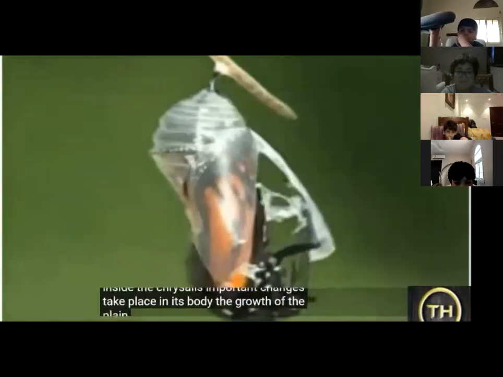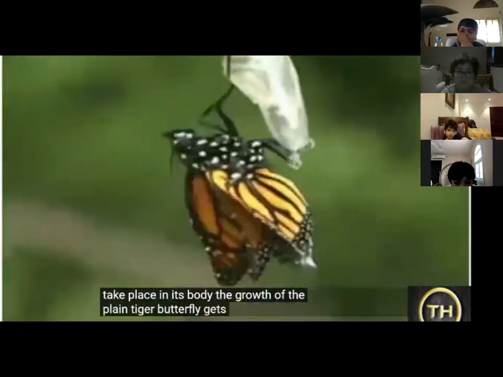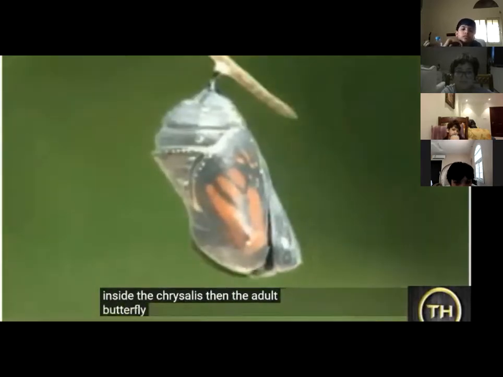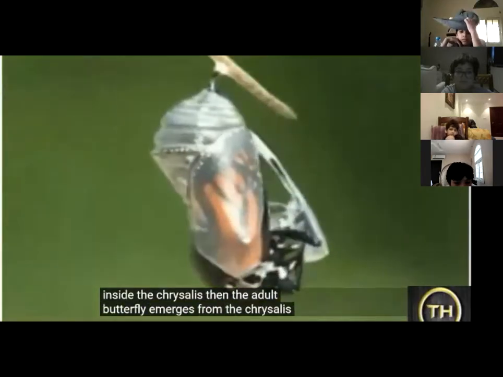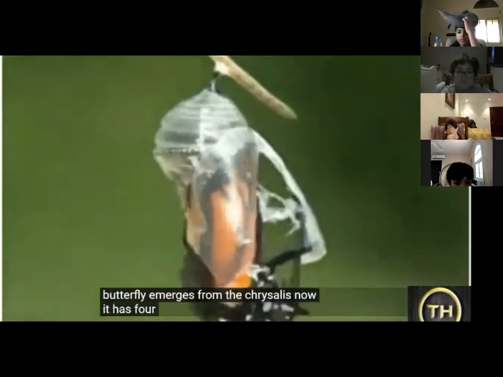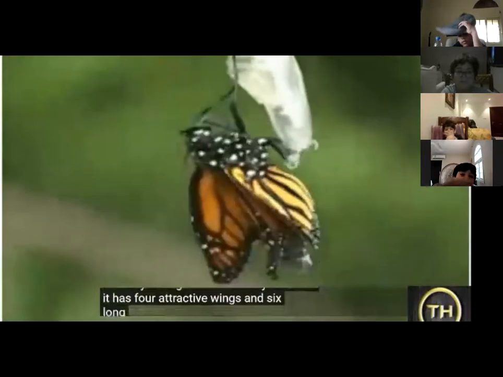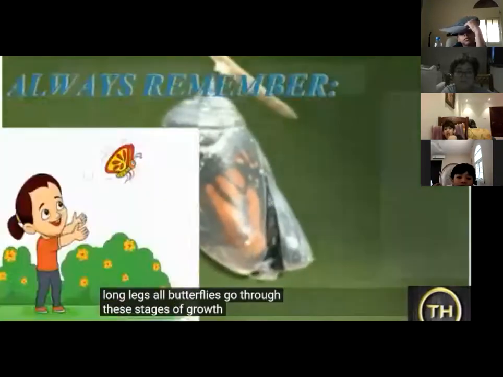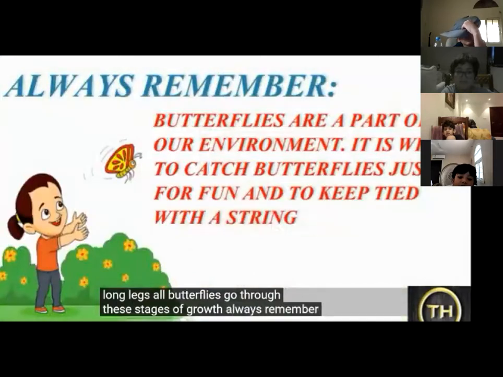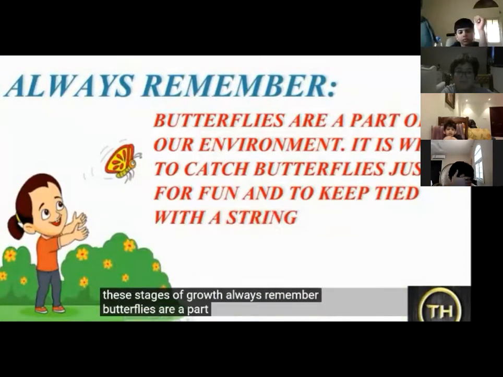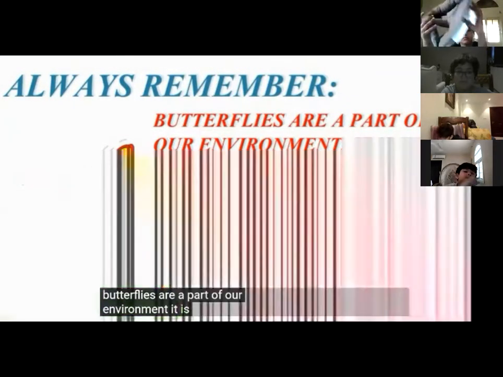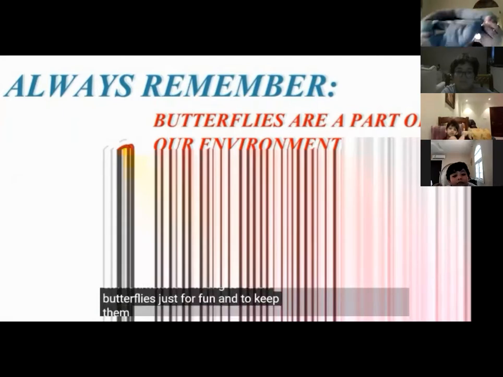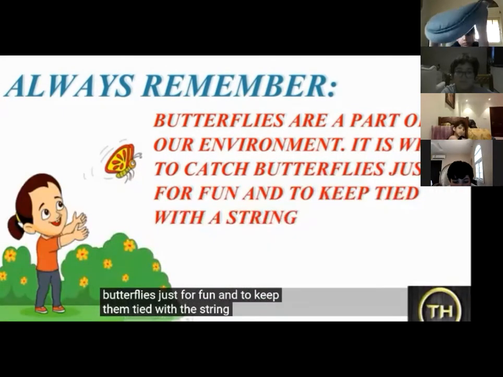The growth of the plain tiger butterfly gets completed inside the chrysalis. Then the adult butterfly emerges from the chrysalis. Now it has 4 attractive wings and 6 long legs. All butterflies go through these stages of growth. Always remember, butterflies are a part of our environment. It is wrong to catch butterflies just for fun and to keep them tied with the string.